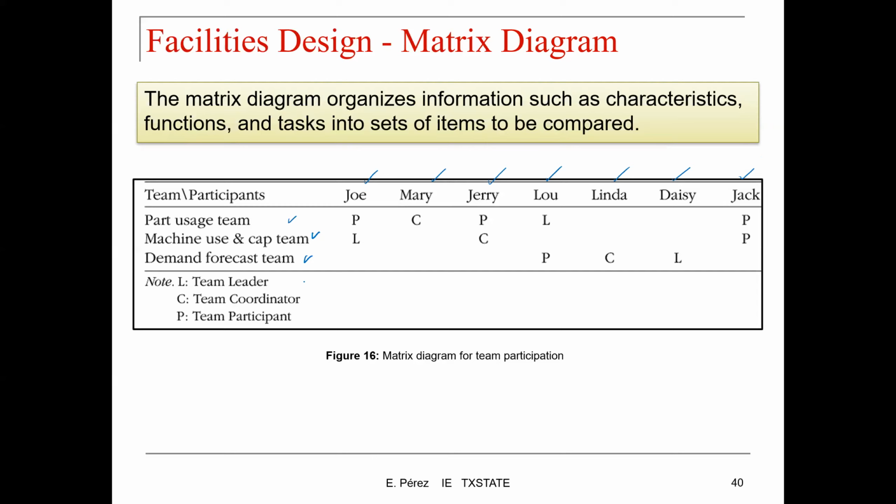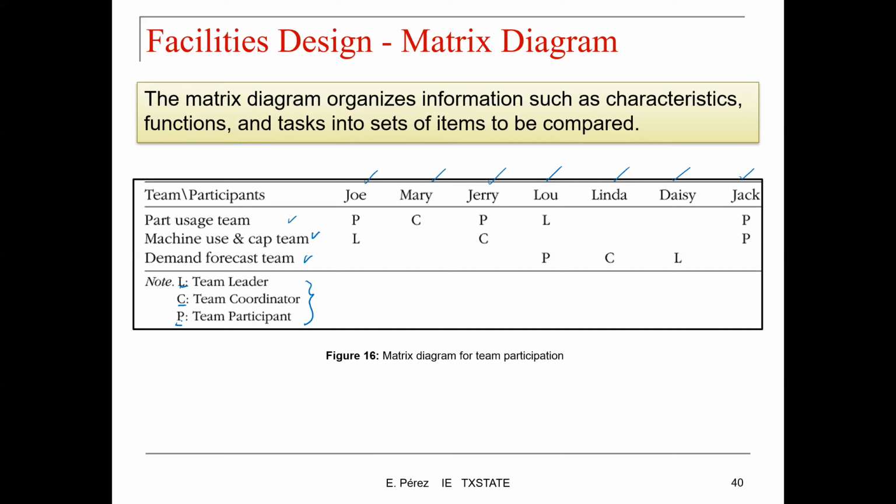And then we have a legend here that identifies what this means. L is for leader, C is for team coordinator, and P is team participant. So the idea here is, if you are going to assign these people to these teams, you want to identify who's going to be the team leader, who's going to be the coordinator, and who's going to be a participant. And you want to make sure that you have a balance between each team.